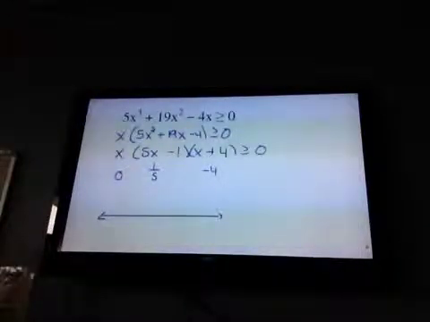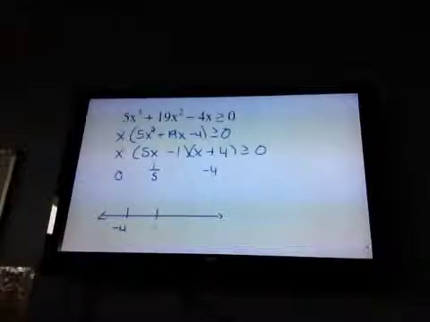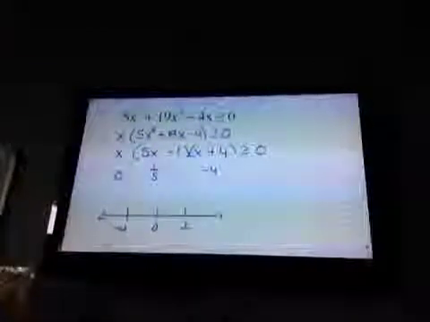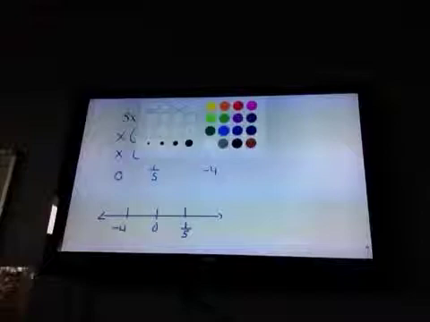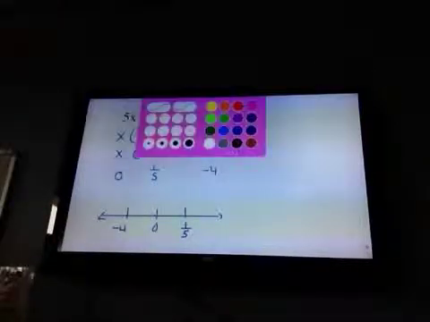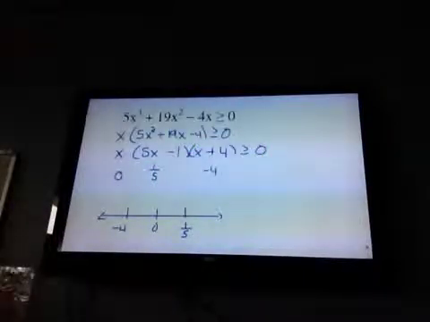So make sure you put them in numerical order on your number line. Okay, a number smaller than negative 4.